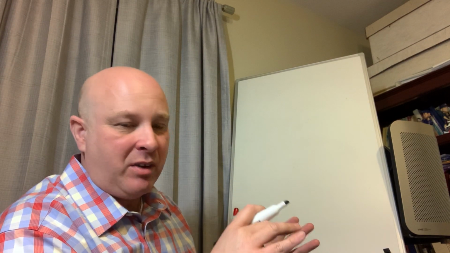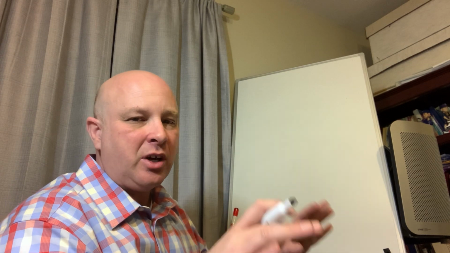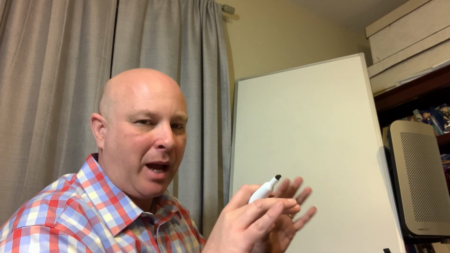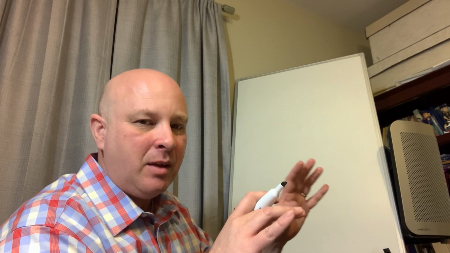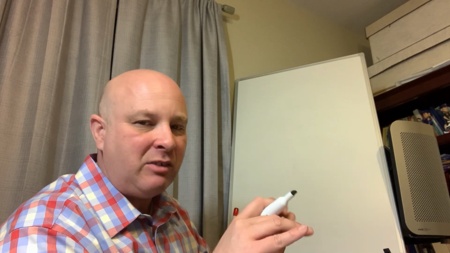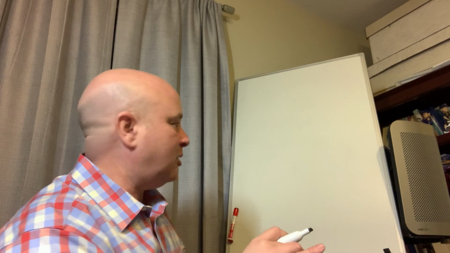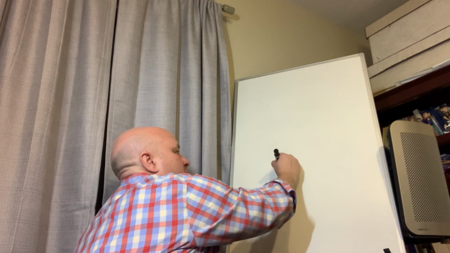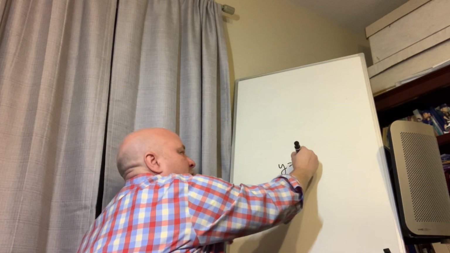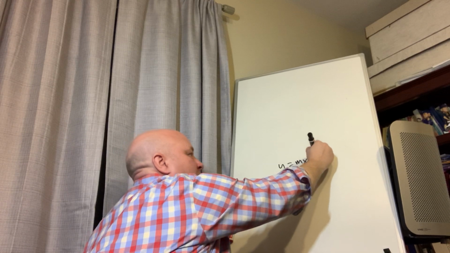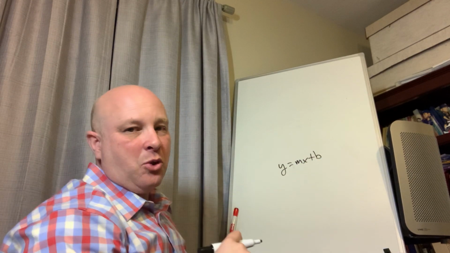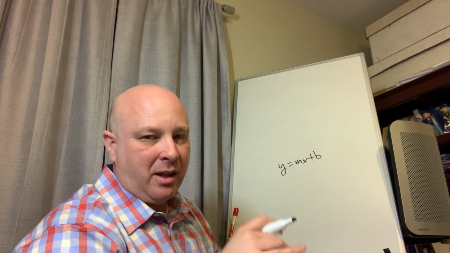No matter what order you're given, it can have X and Y and whatever number anywhere, you're going to rearrange it by adding, subtracting, multiplying, dividing both sides, whatever you have to do, so that it looks like y equals mx plus b. In other words, you want y all by itself.